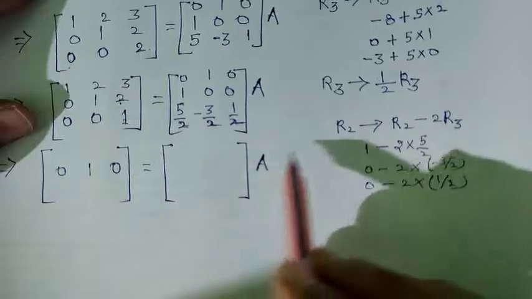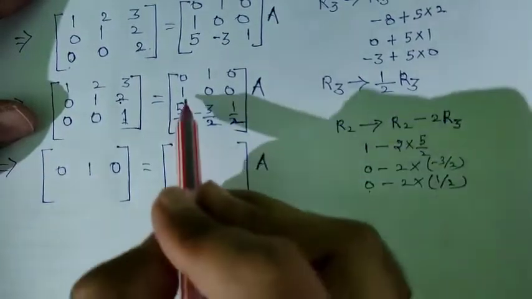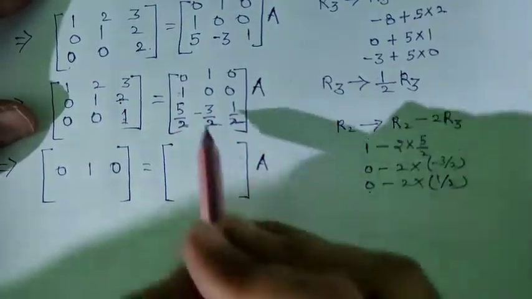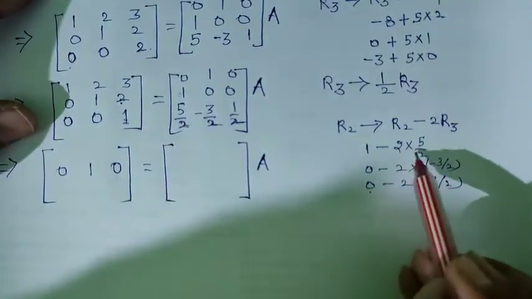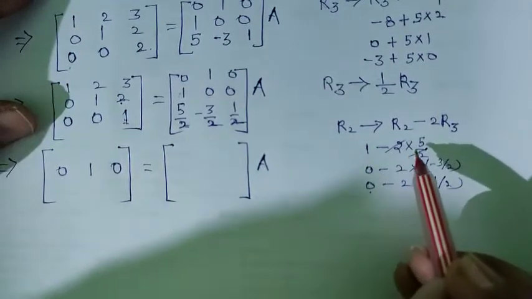Now you can see that I have written all the elements here. 1 0 0 is R2's elements, and minus 2 multiplied by 5 by 2, minus 3 by 2 and 1 by 2 are the elements of R3. If you simplify this, you'll get the new R2, the new second row.